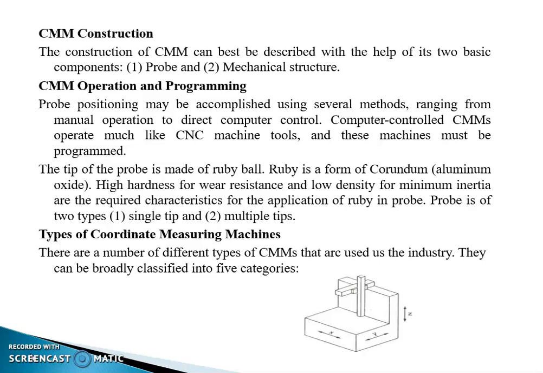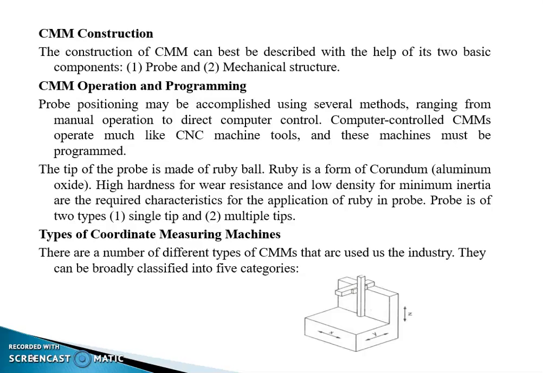Various displacement transducers such as optical scales, rotary encoders and magnetic scales are used in coordinate measuring machines. The probe occupies its neutral position when it has been separated from the contact surface. This is about the construction and working of coordinate measuring machines.